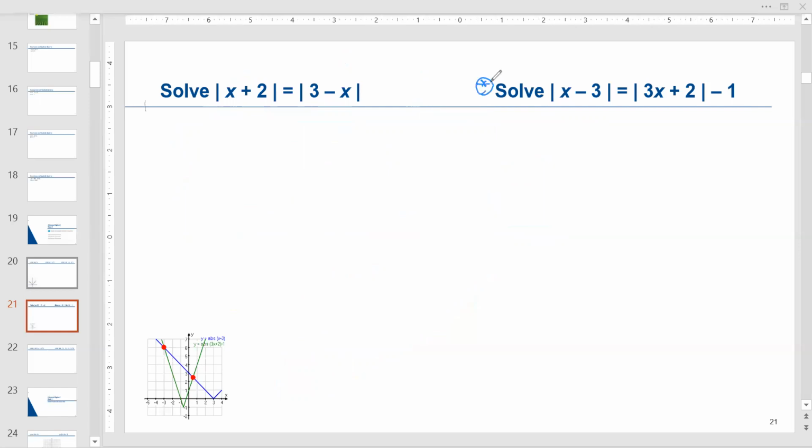All right. So this situation, if you use the knowledge based on what we're teaching now, just judge whether the internal part is positive or negative is the first step. We try to get rid of the absolute value, right?